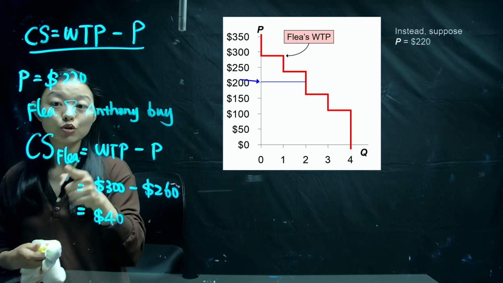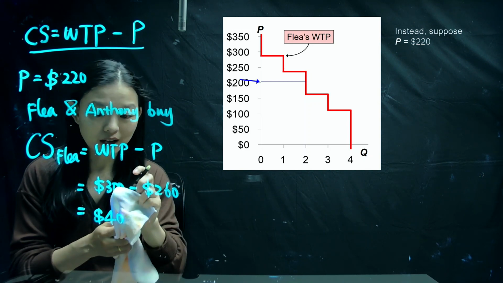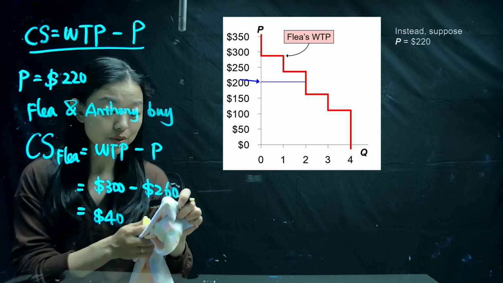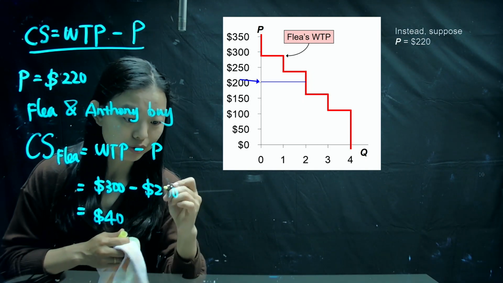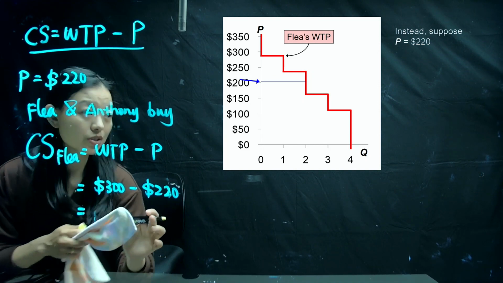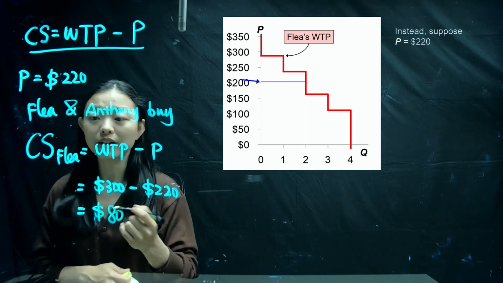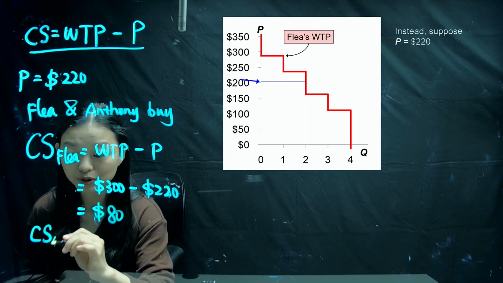So we can still get the consumer surplus for Flea: willingness to pay subtract the market price. Now the willingness to pay is still $300, but the market price decreased to $220. Therefore, Flea's consumer surplus will equal $80, right? You can get the consumer surplus also for Anthony.